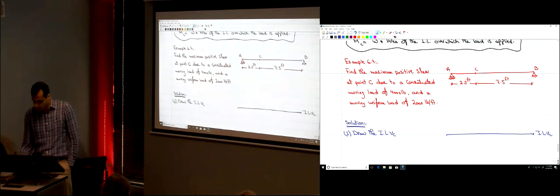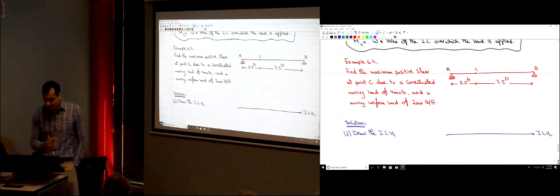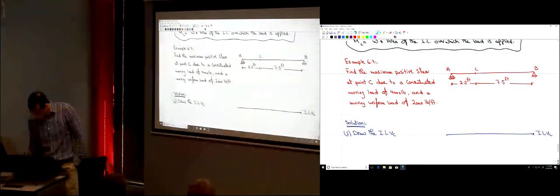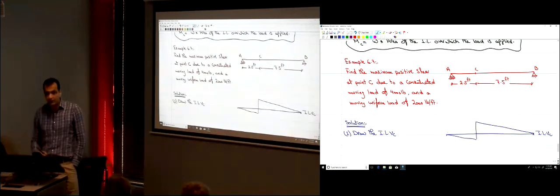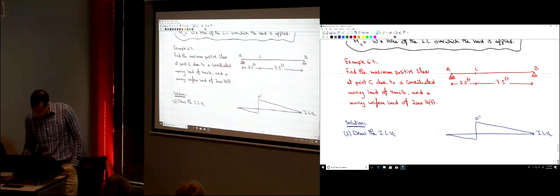It's a simple beam, so going back to what we did last lecture, the influence line for VC would look like this. This height over here is 0.75 because it's 7.5 divided by the total length of the beam, which is 10, and this one is 0.25.